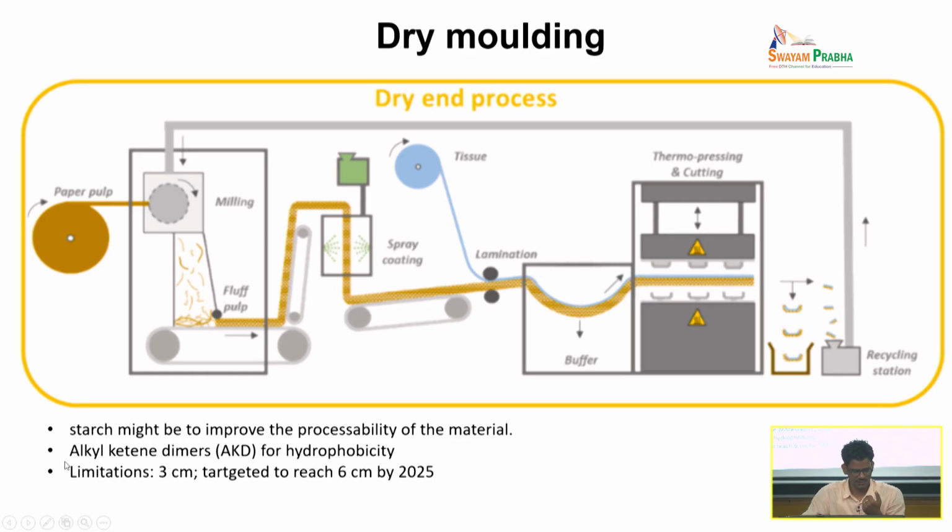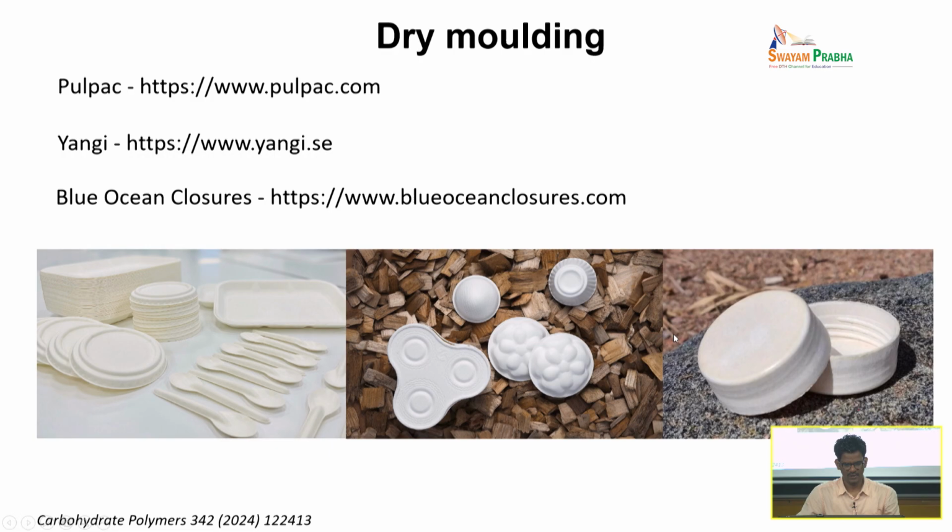Yes, there are some limitations about the depth of the material you can create, but a lot of patents and startups are coming up in this area. This seems to be the next big push in molding cellulosic material into various forms.